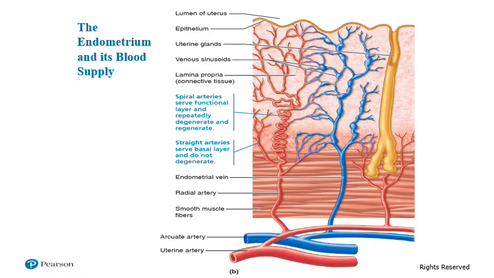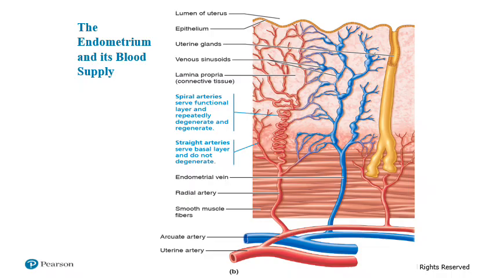This is a different view showing us the blood supply of the endometrium. The arteries are the red ones, the veins are the blue ones. The uterine arteries arise from the internal iliacs, and the arcuate arteries in the myometrium branch into the radial arteries.